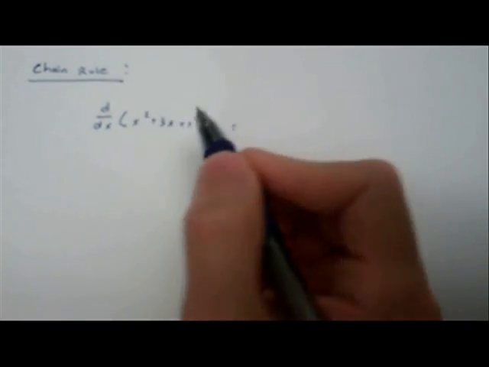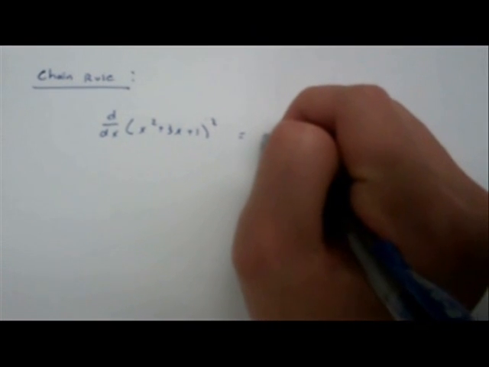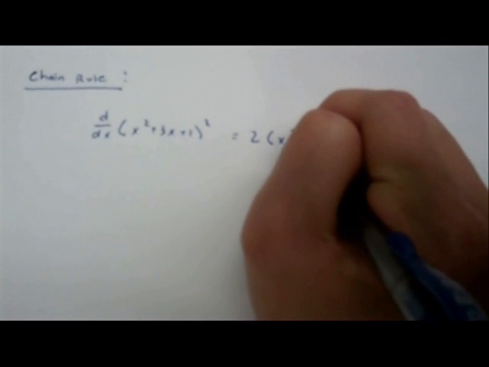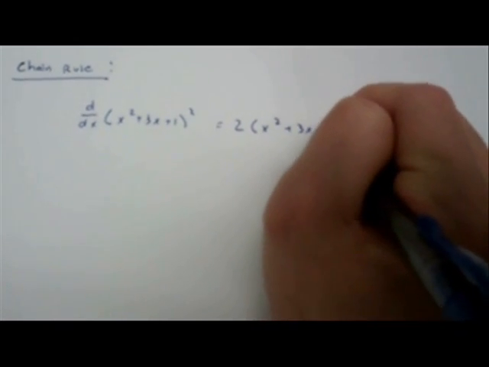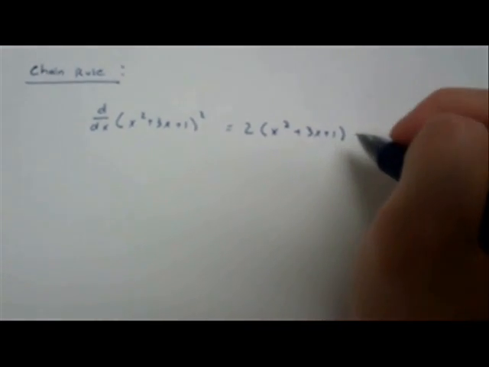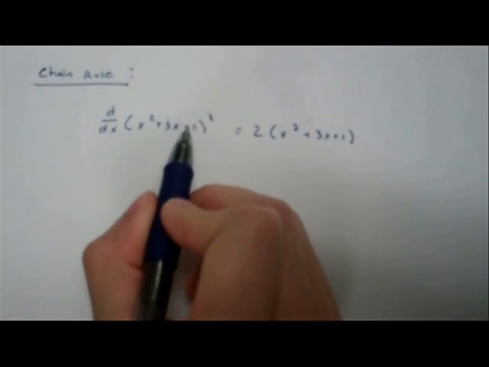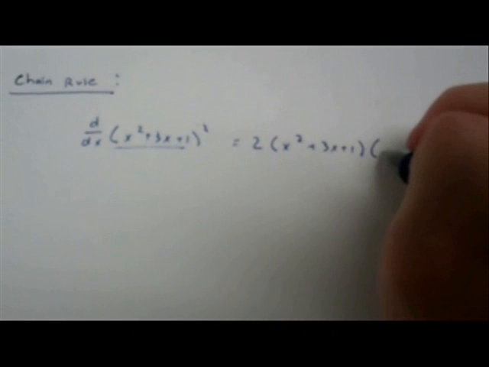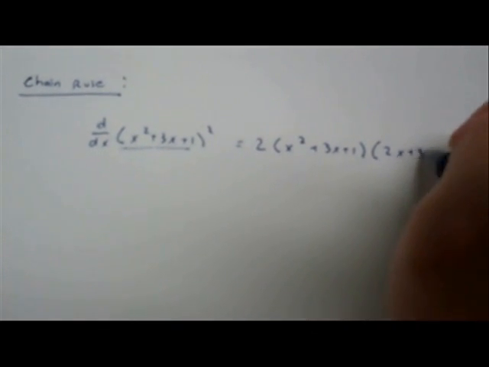So it's going to be 2 times x squared plus 3x plus 1, and then we multiply by the derivative of the inner function, which is 2x plus 3.